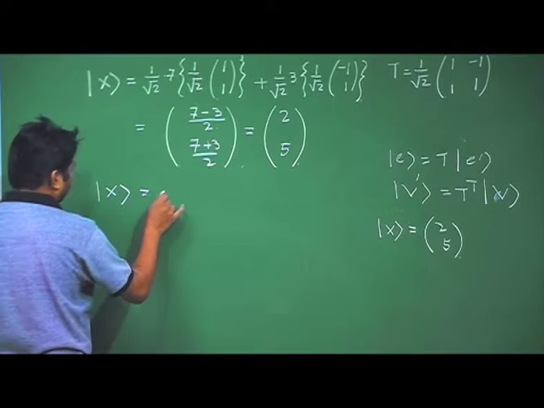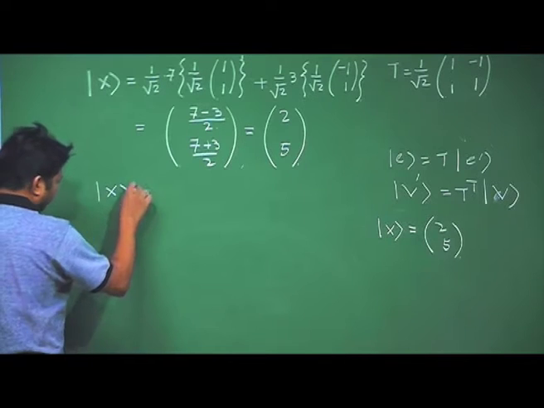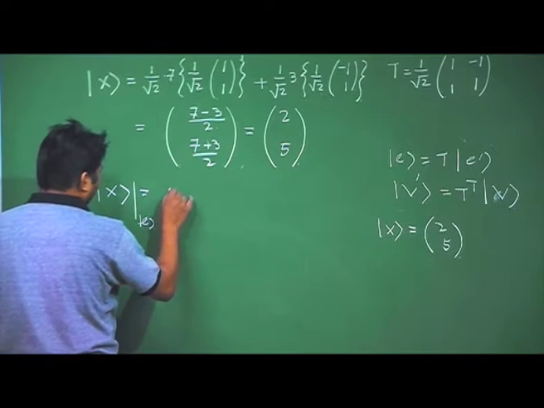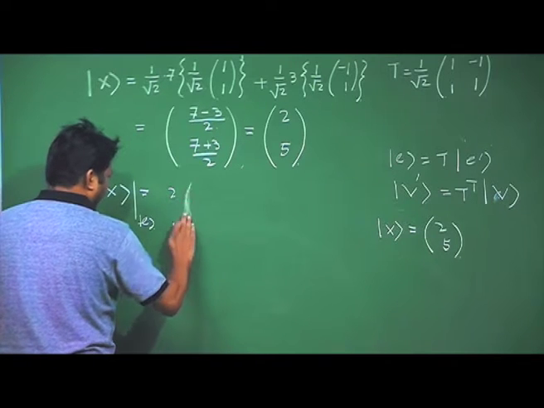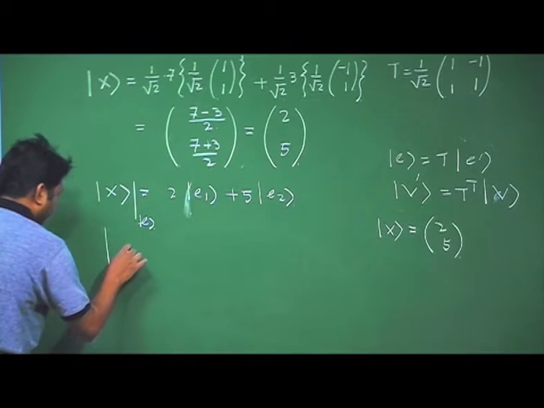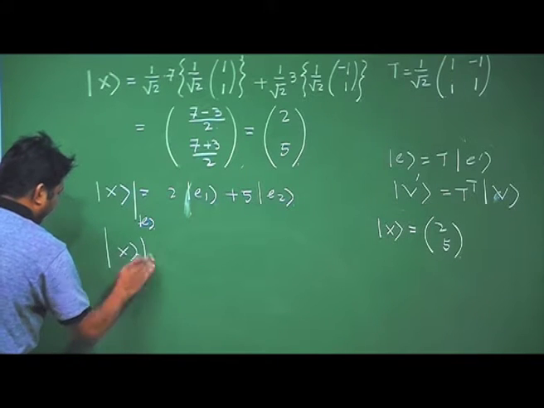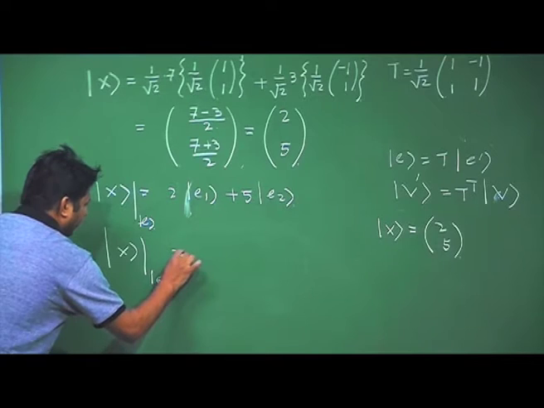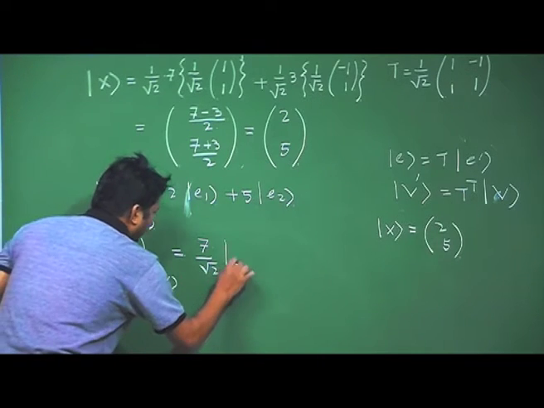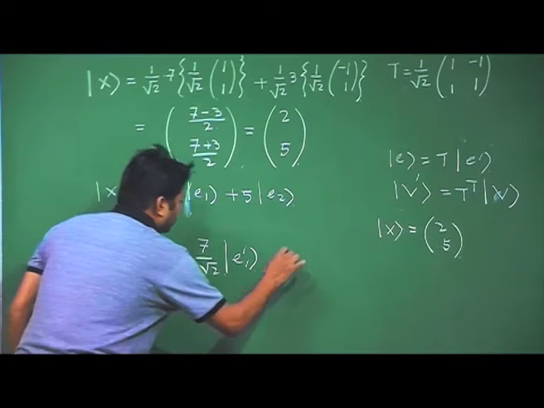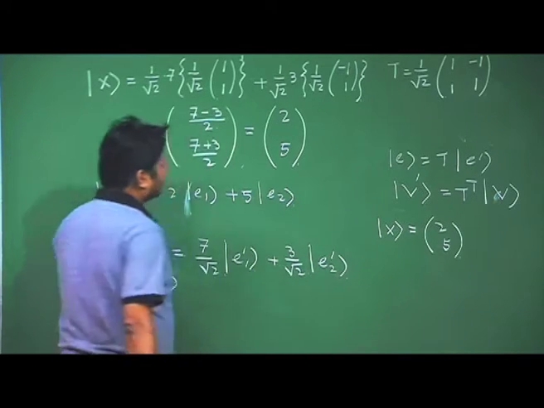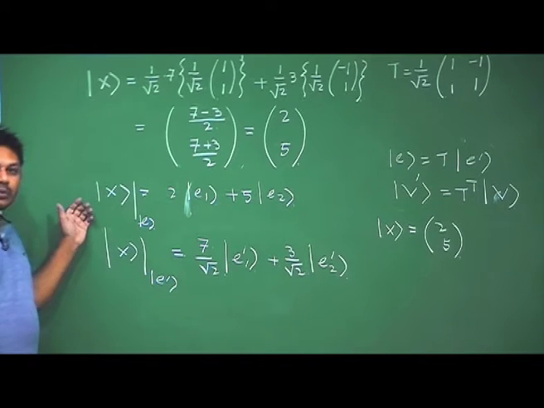So let me write the total thing. x in the original natural basis is 2 E1 plus 5 E2. x in the prime basis is the component that I figured out, 7 by root 2 E1 prime plus 3 by root 2 E2 prime.